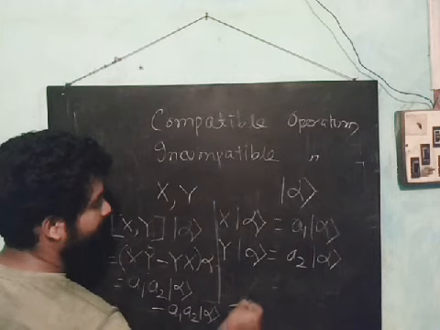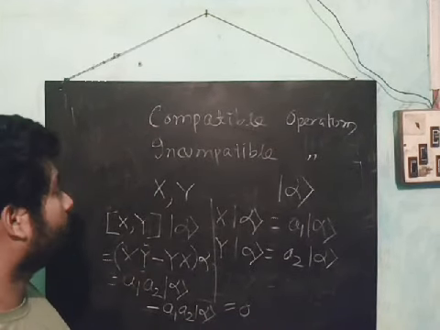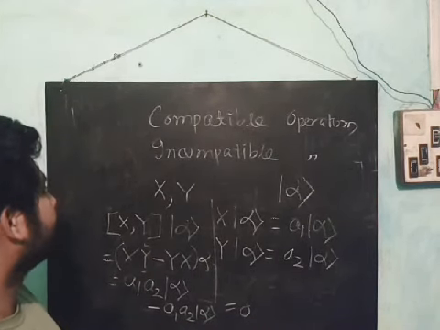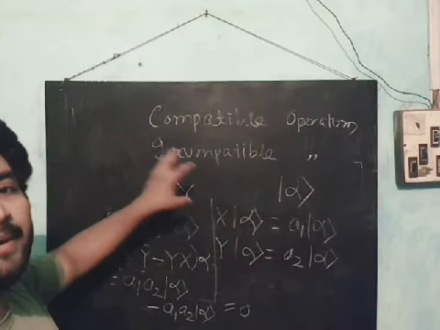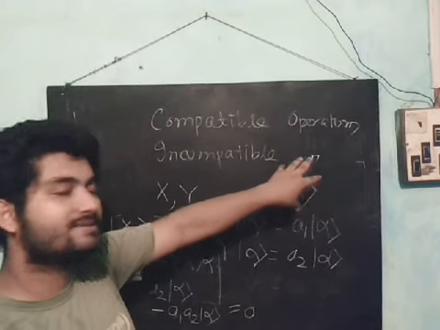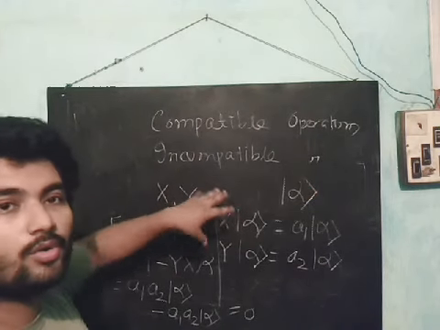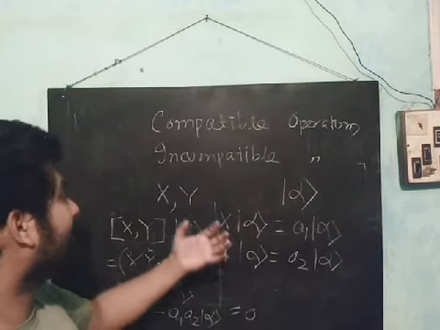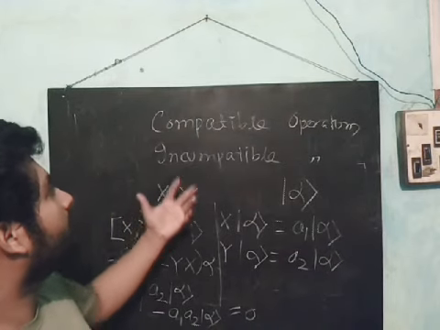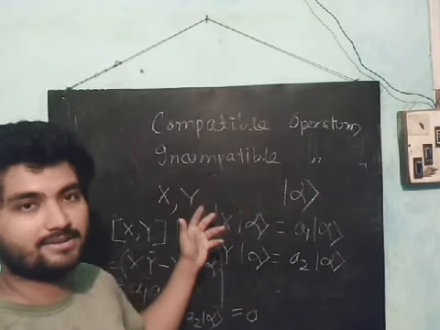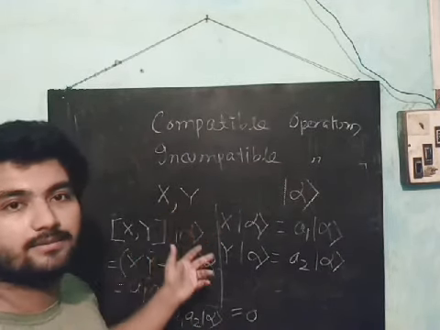This will be 0. So what I got here is, when two operators share the same eigenstate, here this is alpha, these two operators will commute, and these two operators are called compatible operators with respect to each other.